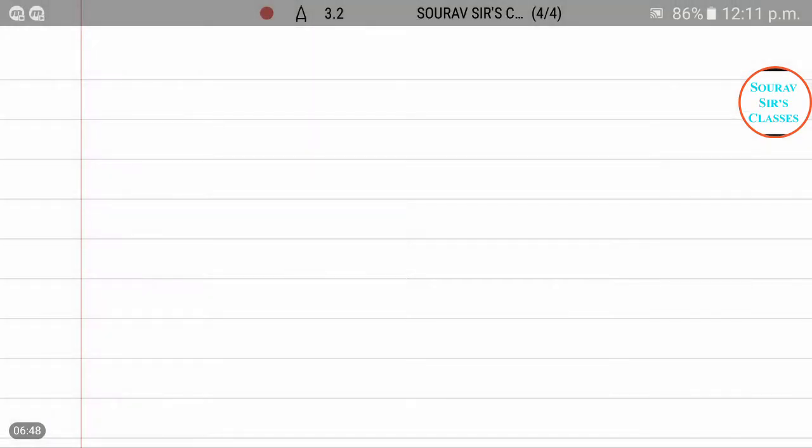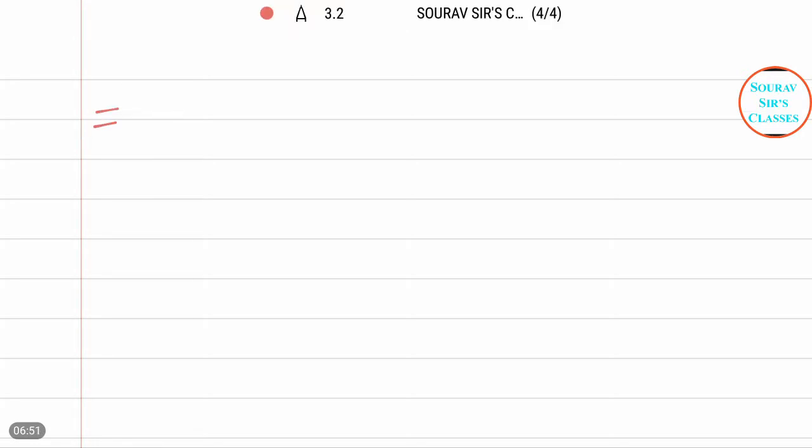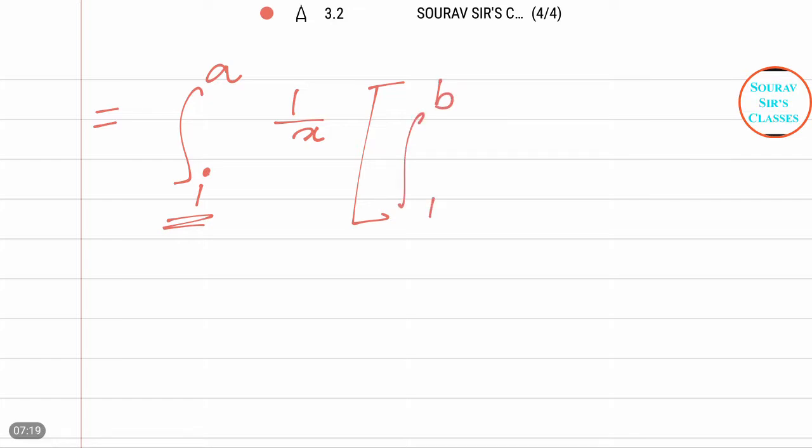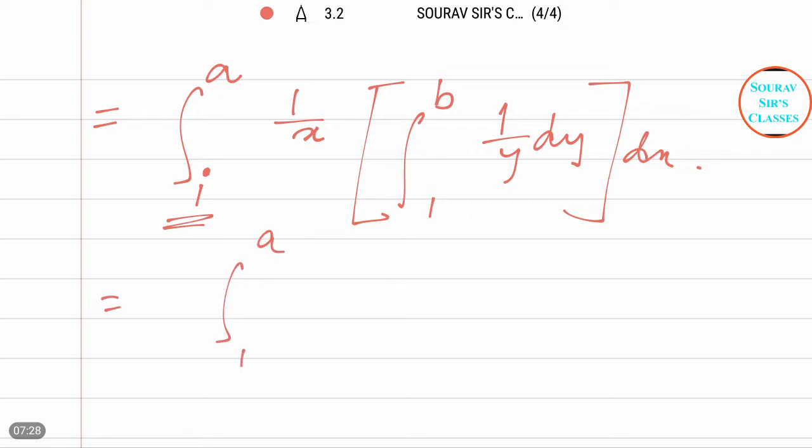From this we can write this equals integration 1 to a, instead of x equals 1 we are writing 1. In our last line, I am repeating, this was 1 by x integration 1 to b of 1 by y dy dx.